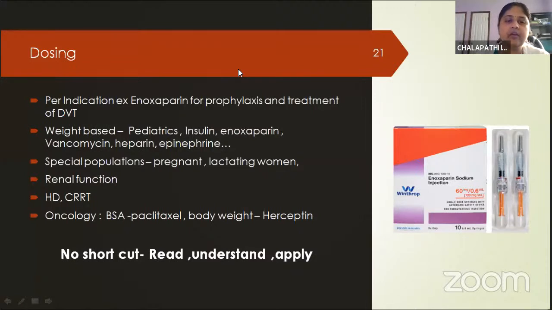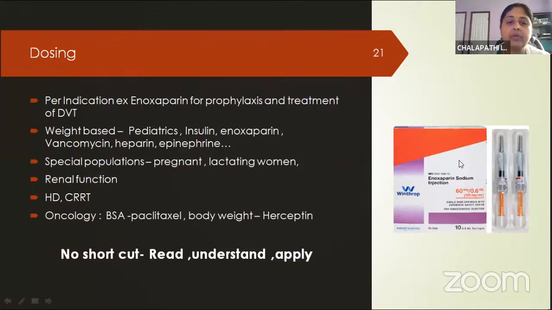I want you to go back and look at the package insert. One clue. Prophylaxis is normally like a standard dose. It can be 30 milligram twice a day, or it can be 40 milligram once a day. But for treatment, it is weight-based. 1 milligram per kilogram every 12 hours. And you have a maximum dose of how much to give. All right.